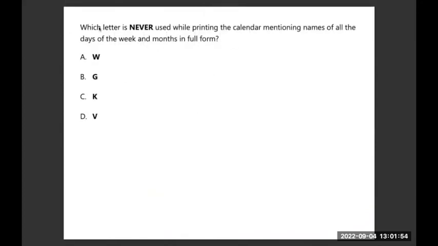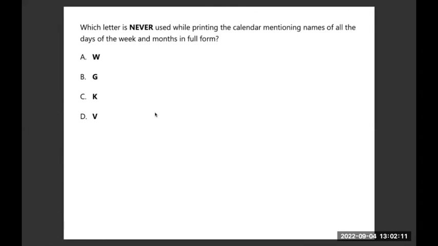This should be very simple for you. What is given here is a calendar where the months and the days of the week are written in full form. In that kind of calendar, which letter is never used?